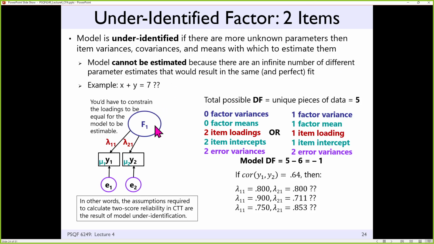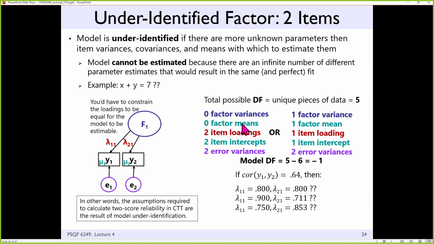So if I only have 2 indicators for a factor, this is not identified. This is not solvable. In terms of where the degrees of freedom go wrong, how many do I start with? I've got 5 possible because I've got 2 means, 2 variances, and I've got 1 covariance between the 2. 5 pieces of information. To estimate every parameter in this picture, I would either say I don't have any factor variances because I'm going to fix it to 1.